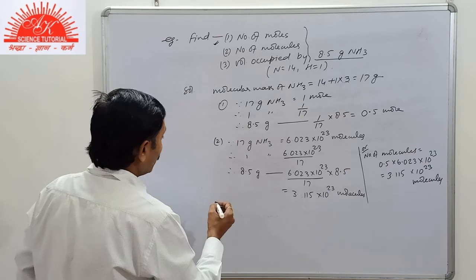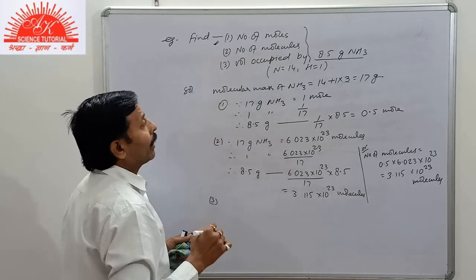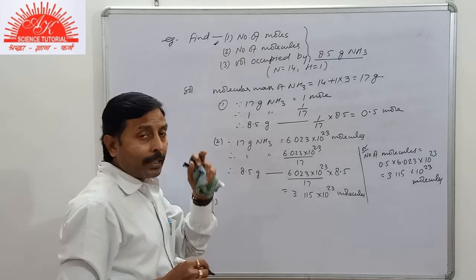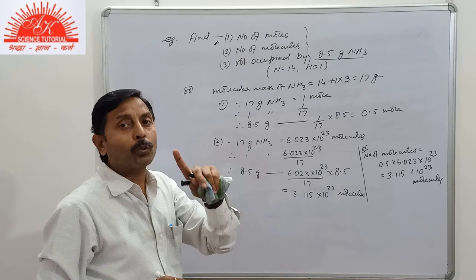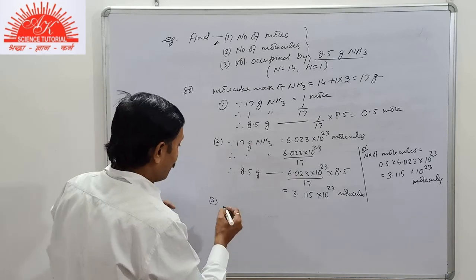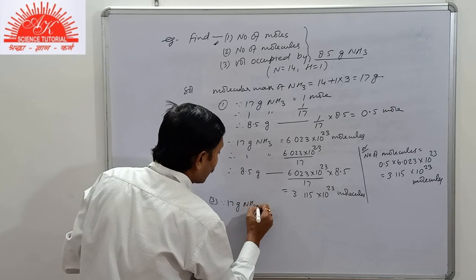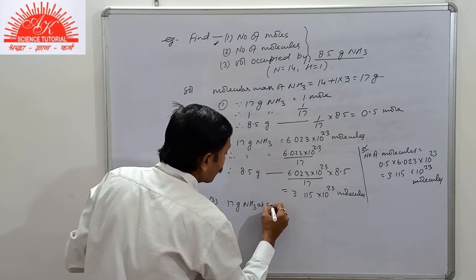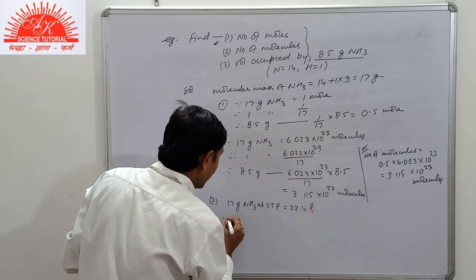Now next, the third part. This time you have to find the volume. Again, you know that the molar mass of a gas will be equal to 22.4 liters at STP. So you write 17 gram ammonia at STP is equal to 22.4 liters.